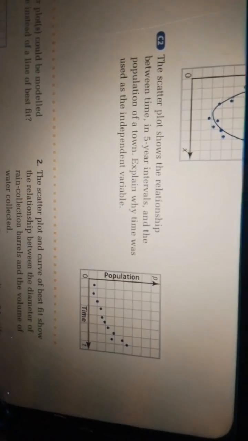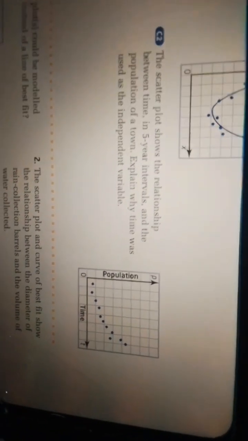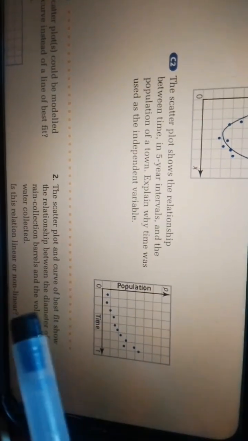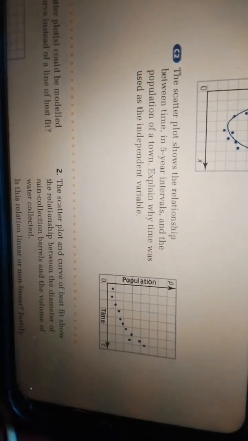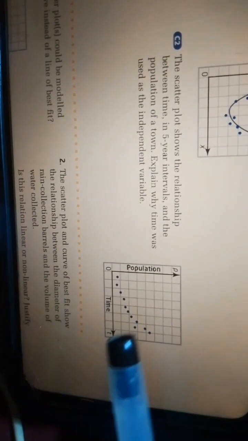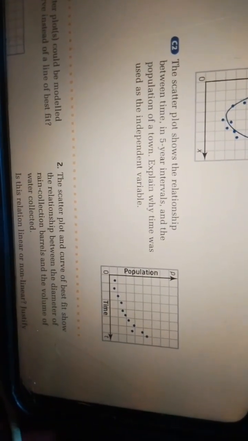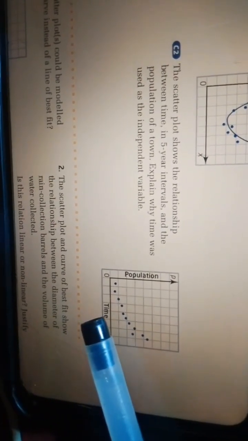We have here a scatter plot showing the relationship between time in 5-year intervals and the population of a town. Explain why time was used as the independent variable. Population is the dependent variable, time is the independent. Time is used as the independent variable because it is the variable that you control.